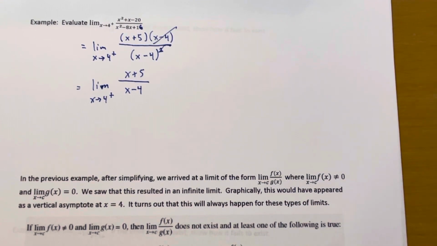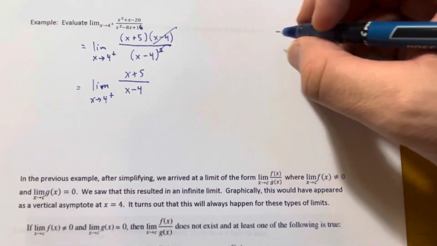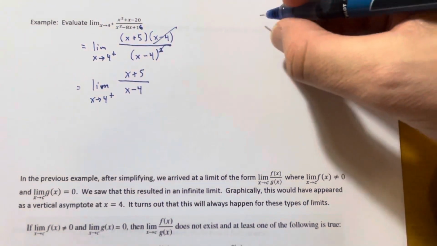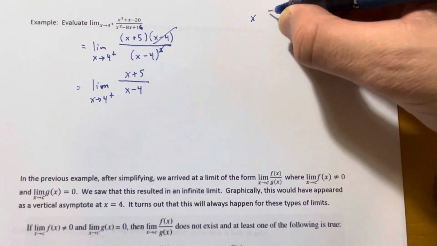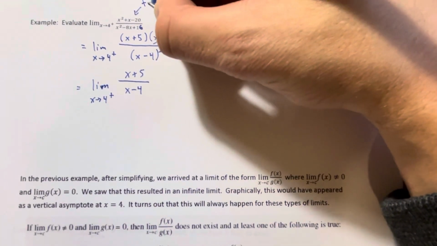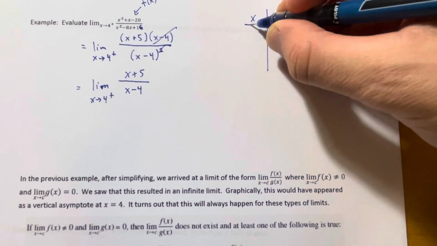So I'm not going to plug a ton of things in. I'm just going to plug a couple of numbers in. Remember, we're approaching 4, but from the positive side or from the right. So when I'm plugging numbers in for x, and I'm going to call this f of x, I'll write it like that in my table.